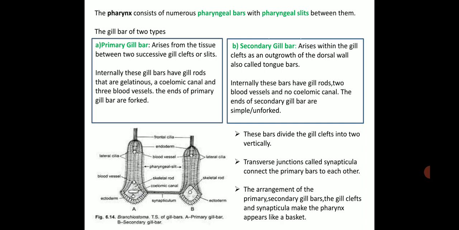The ends of the primary gill bar are forked. You can see that there.